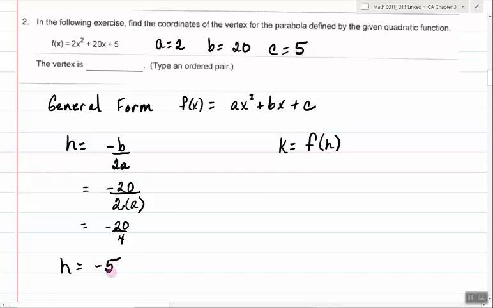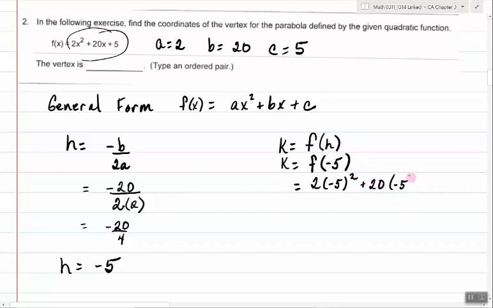How do I find K? The easiest way, K is f of negative 5. Well, what's f? It's the actual function. So it's 2 times negative 5 quantity squared plus 20 times negative 5 plus 5.